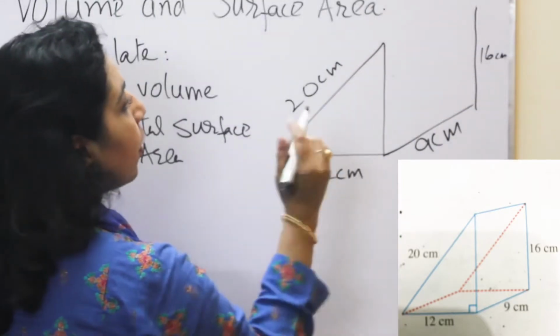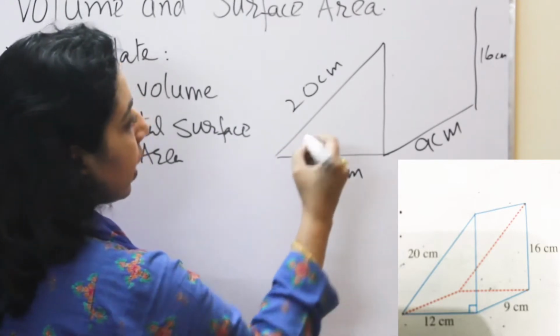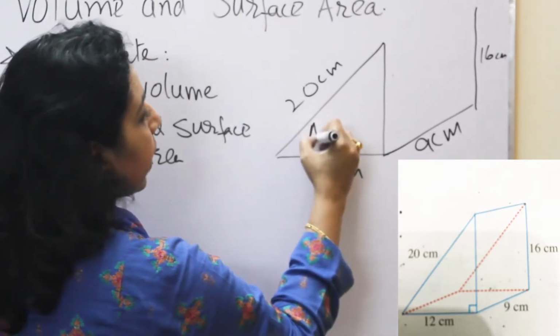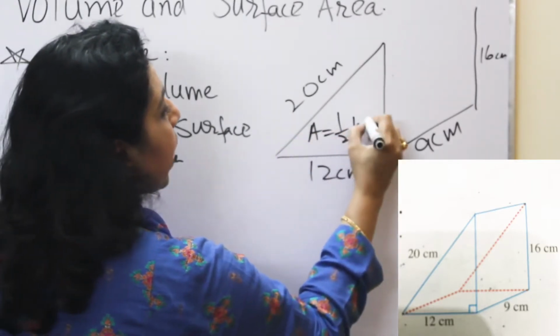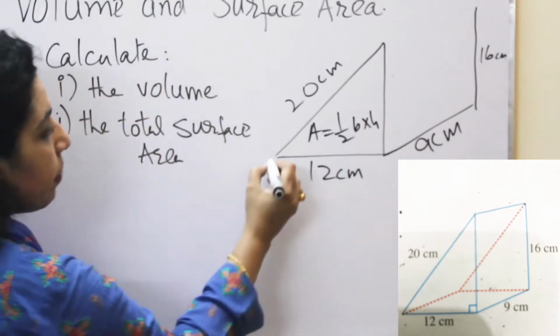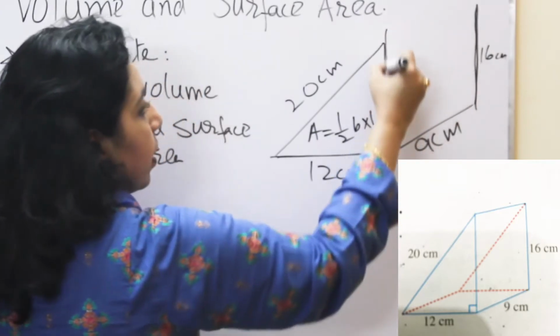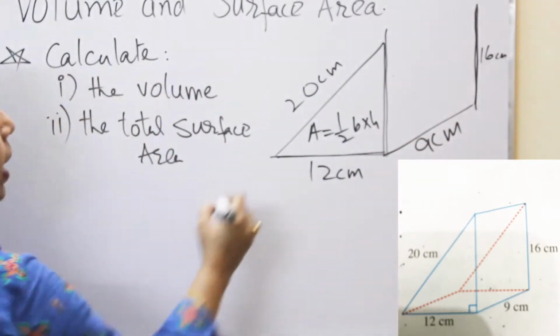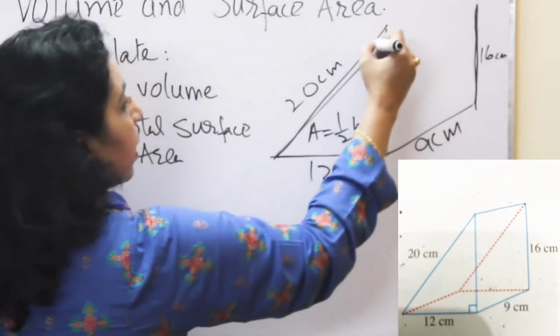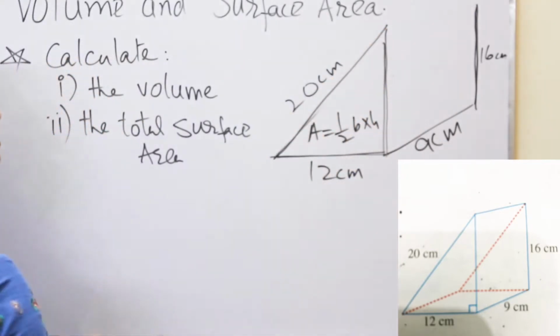It is a triangular prism and our base is a triangle. The area of the triangle is half base into height. So this is the base of the triangle, and here this is the height of the triangle, 16 centimeter. And here we have the third side of the triangle, that is 20 centimeter.